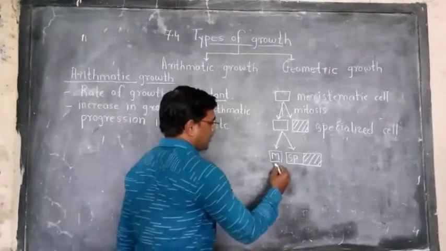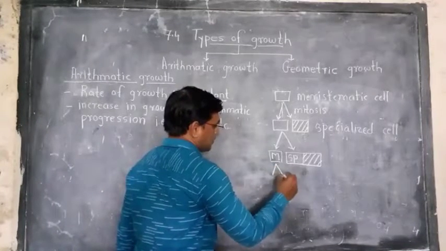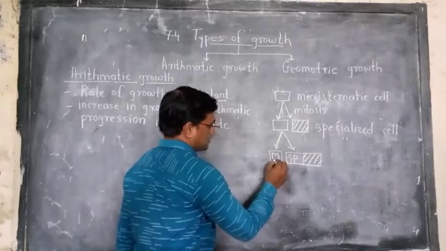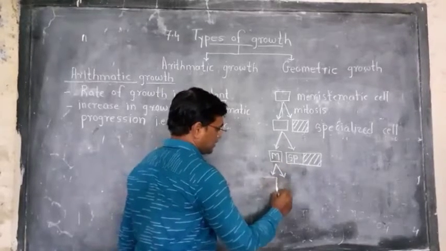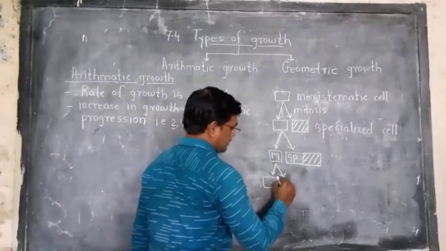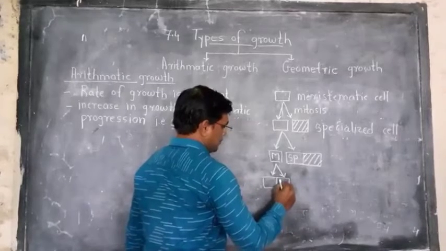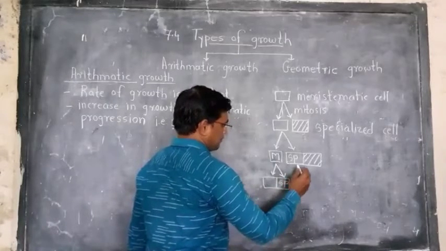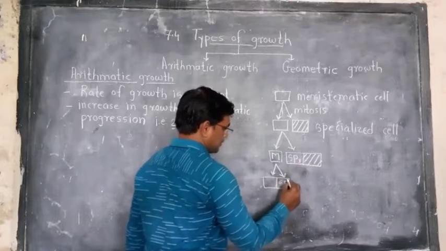Again after mitosis, the meristematic cell gives rise to a meristematic cell and one more specialized cell.